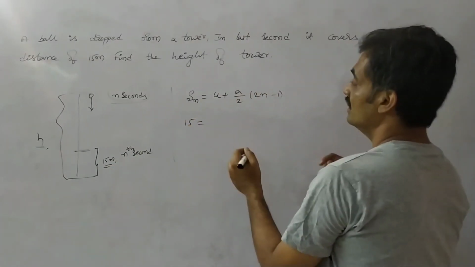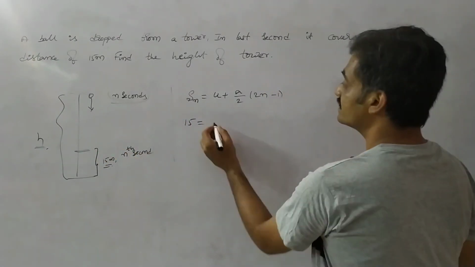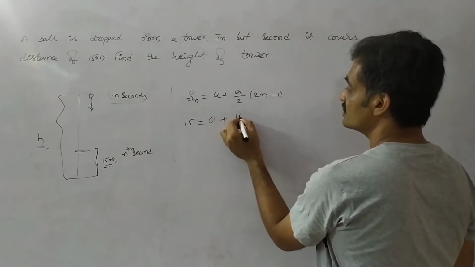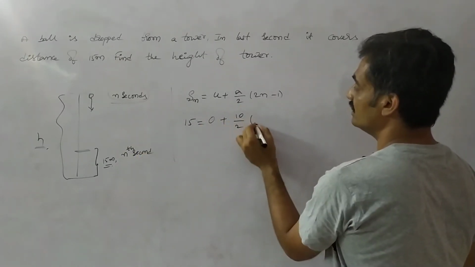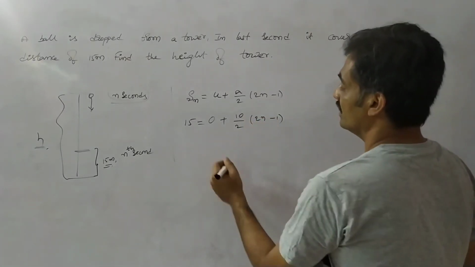So 15 equals, since the body is being dropped from the maximum height, its initial velocity is 0, and acceleration due to gravity is positive, 10 by 2 into (2n minus 1).